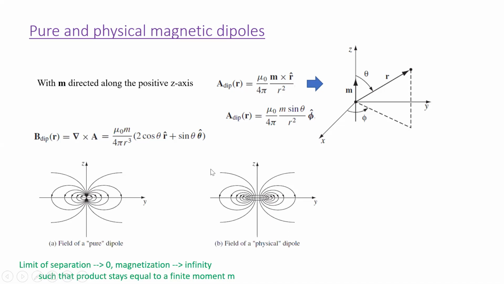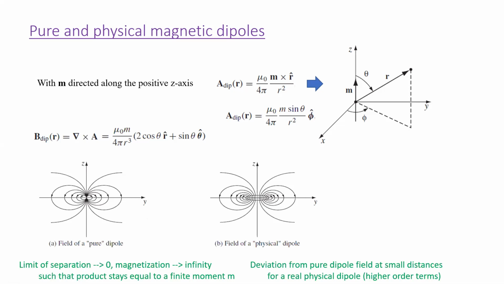But you can see that far away, these two start to get closer and closer together. So the physical dipole can be well approximated by a pure dipole as we move far away. The deviation from the pure dipole field at small distances would be represented by higher order terms, the quadrupole and octupole moments, and so forth.